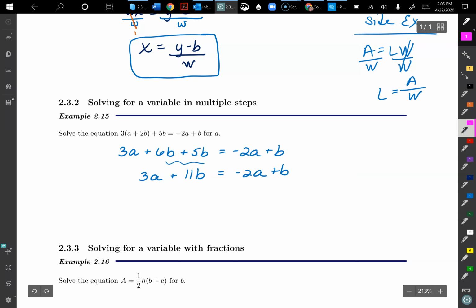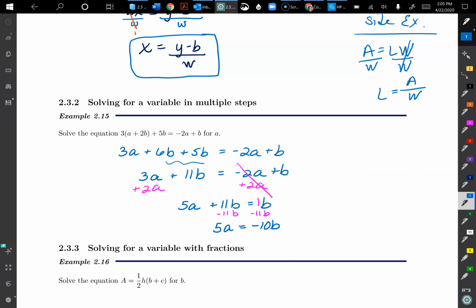So we're going to add 2a to both sides, and we end up with 5a, those are like terms, so I can go ahead and combine them, plus 11b equals b. And then I want to subtract the 11b from both sides. This is like a 1b. So I get 5a equals negative 10b.